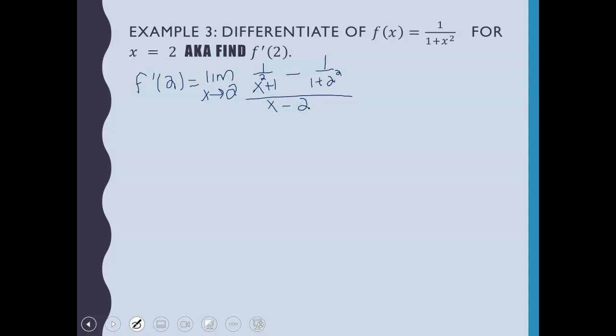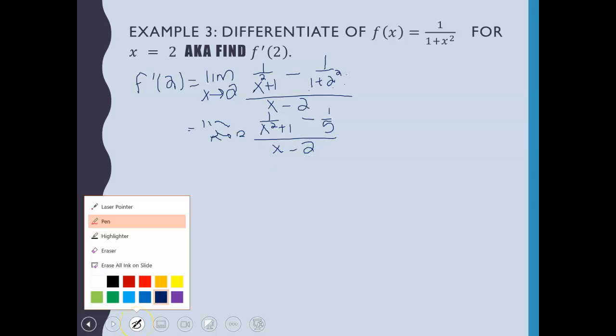Okay, if you're finding a common denominator, this is really like the limit as x approaches 2 of 1 over x squared plus 1 minus 2 squared is 4, 4 plus 1 is 5. So what that means is that the left side is missing the 5 and the right side is missing the x squared plus 1.